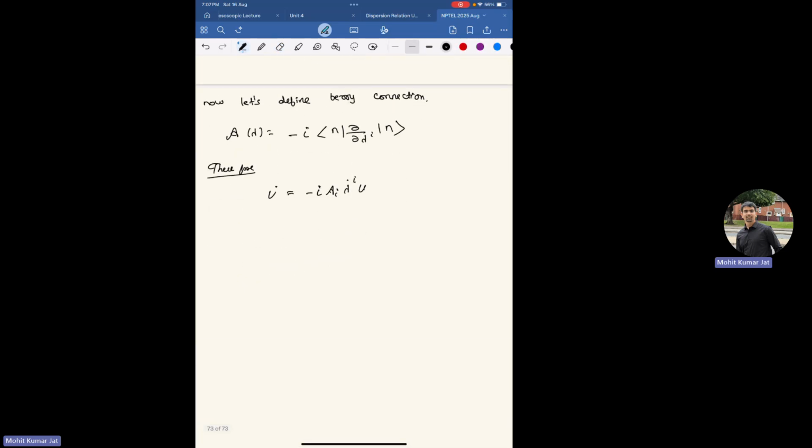It is essentially d u by dt equals minus i A_i lambda_i dot times u, and if you solve it, u(t) is equal to exponential of minus i integral of A_i lambda_i dot dt.